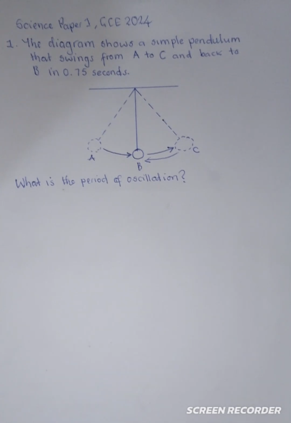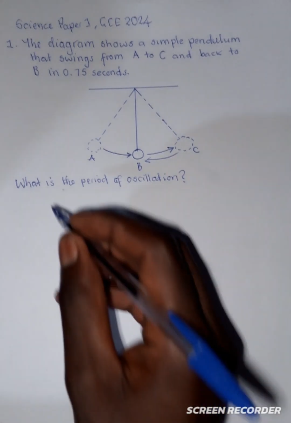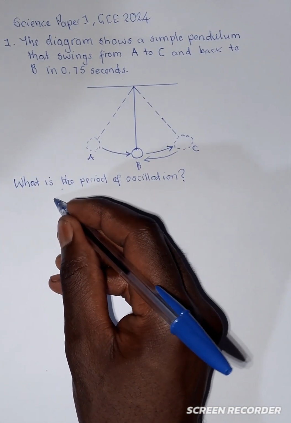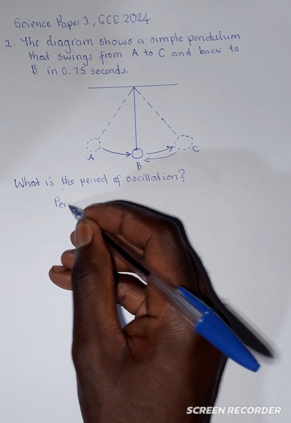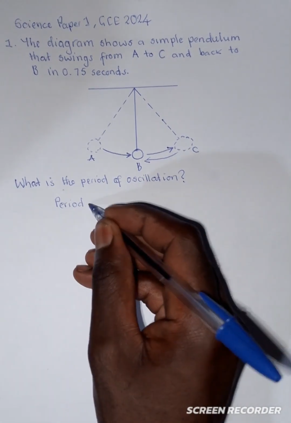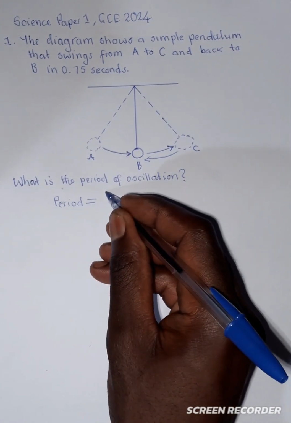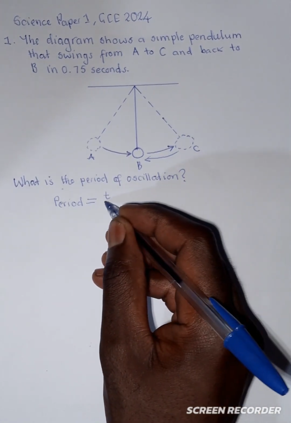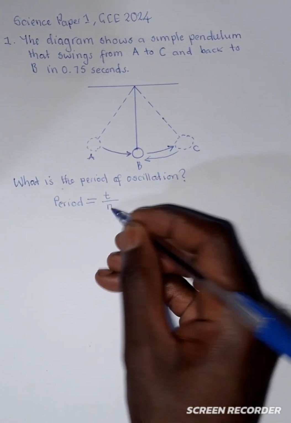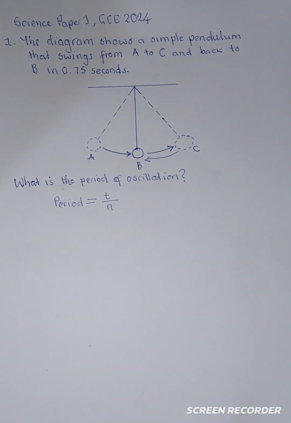When looking at the simple pendulum, when it comes to calculating the period, we simply use the formula: the period of a simple pendulum is equal to the time taken over the number of oscillations.